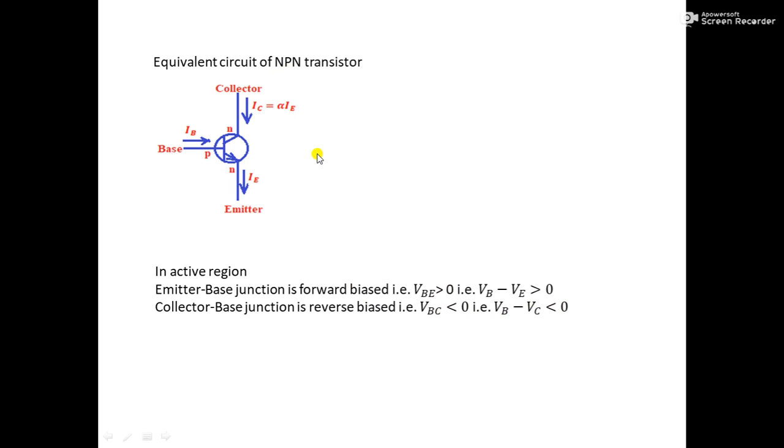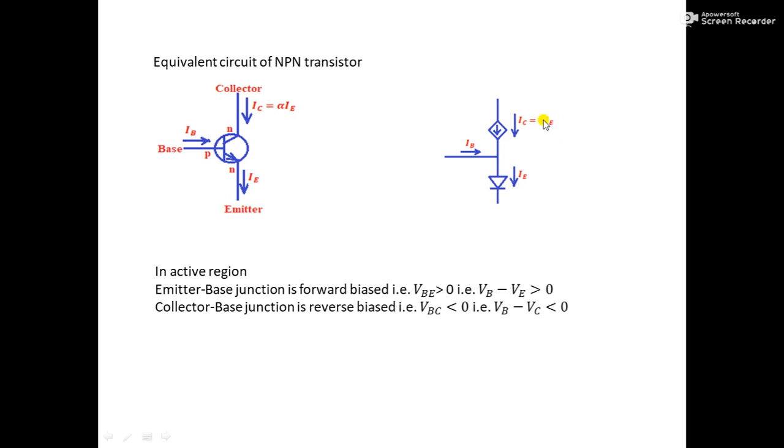And the equivalent circuit of an NPN transistor can be drawn like this. This is a PN junction, this is the base side, this is the collector side, and this is the emitter side. The emitter base junction is here, we have drawn a diode, and in the collector region we have a current controlled current source, IC, where IC is equal to alpha IE.